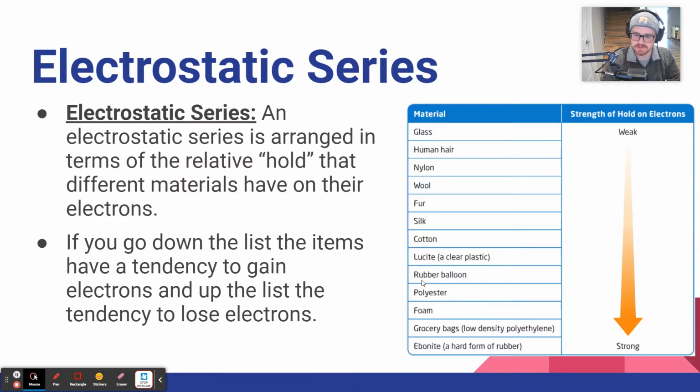As far as what's on this list over here, pretty much all of them are good insulators, and there's a range of how good these insulators are. So the electrostatic series is about how well these objects can hold in electrons and not lose them.